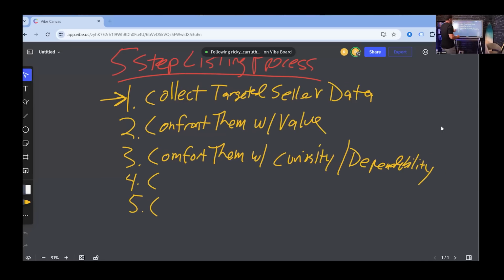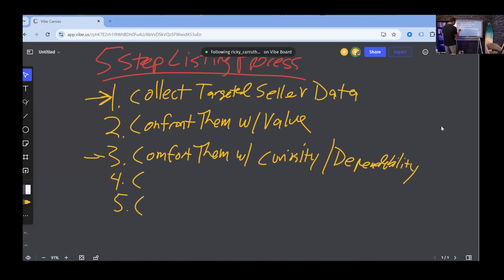The next one, number four, is confirm listing appointment. And the fifth one is convert listing.